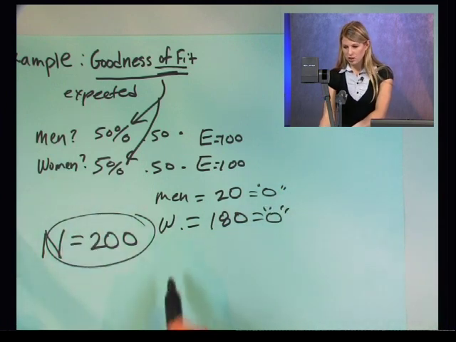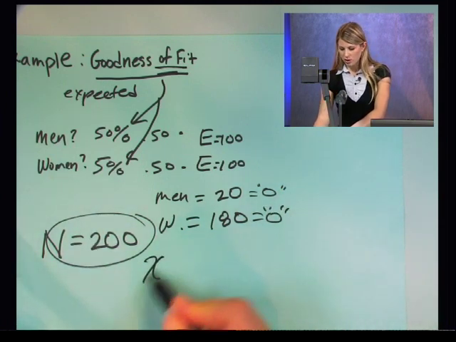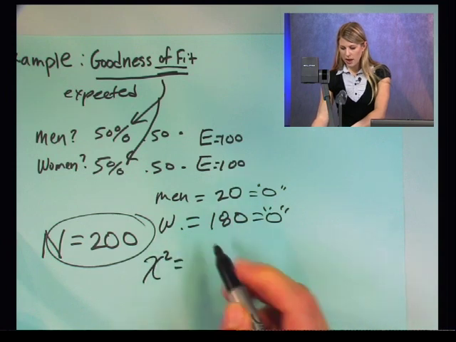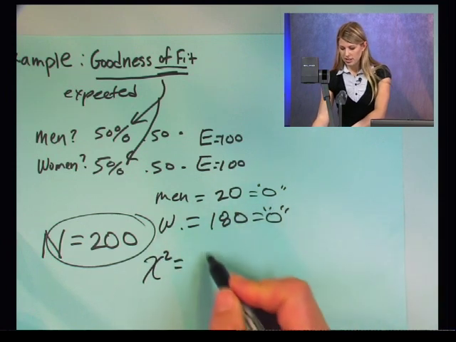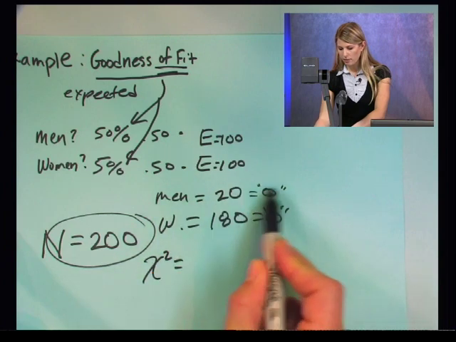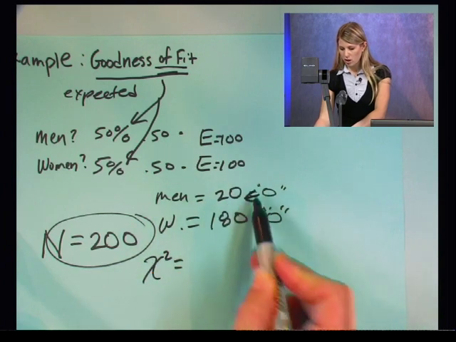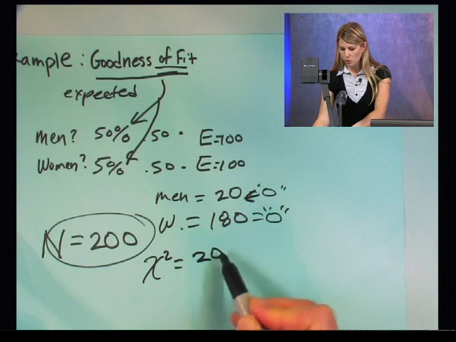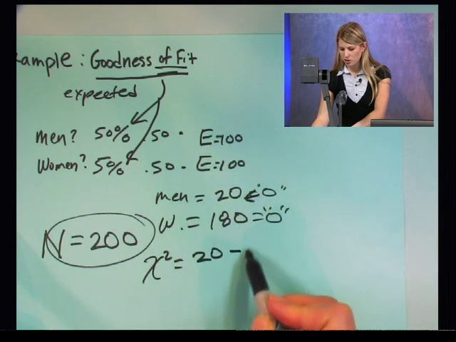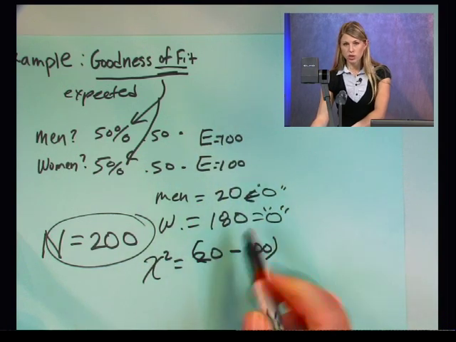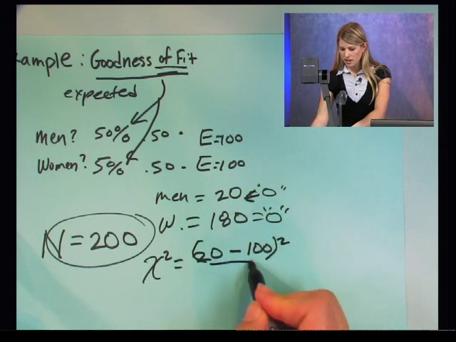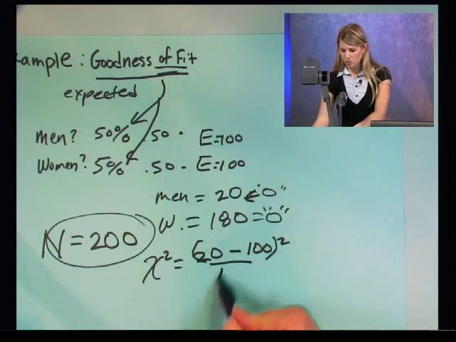So then with your chi-square statistic, you are going to end up adding up your observed minus expected. So for men, your observed was 20. 20 minus expected, your original expected was 100. And you are going to square that, divide by your expected, which was 100.